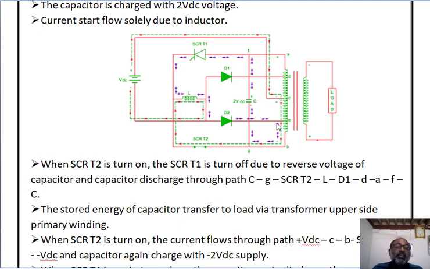That means this energy is transferred to this transformer winding by using diode D2.